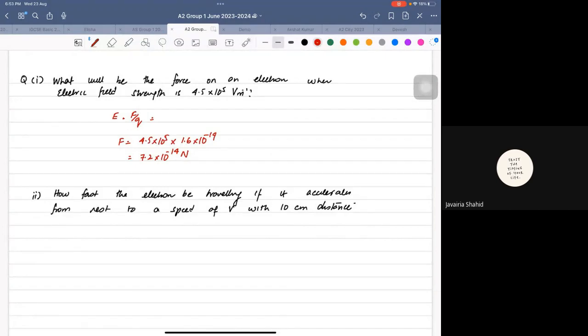Now you guys need to calculate the speed if it starts from rest at the end of 10 centimeter linear distance. This is what they're asking. I'm getting 1.26 times 10 raised to power 8 meter per second.